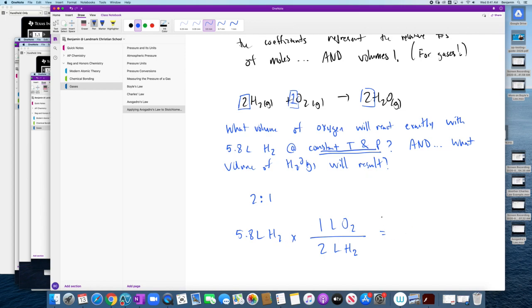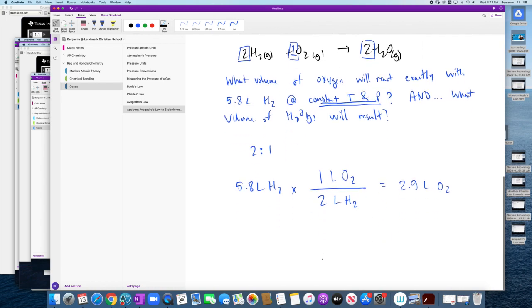So that is 2.9 liters of oxygen, half of 5.8. And we can also do another volume to volume ratio.